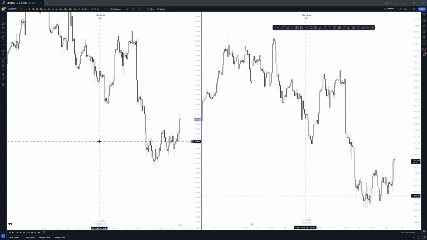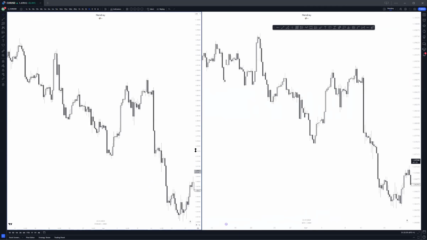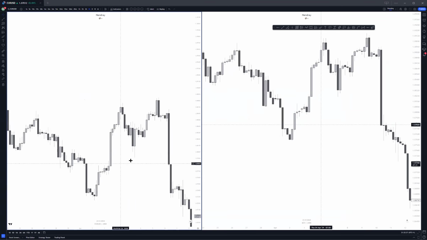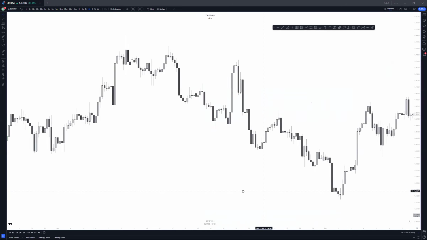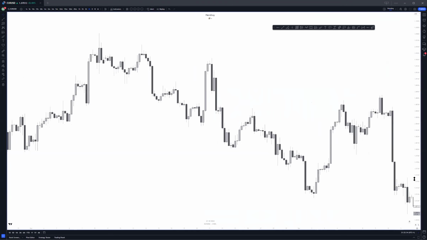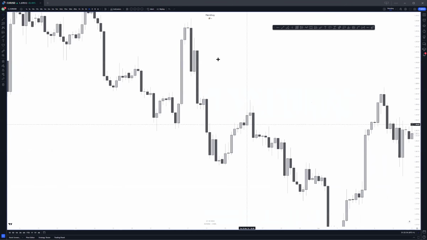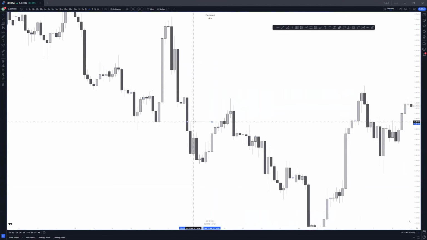Yeah, this is that particular one I'm talking about. So at this high here, price met the internal target that was calling price.